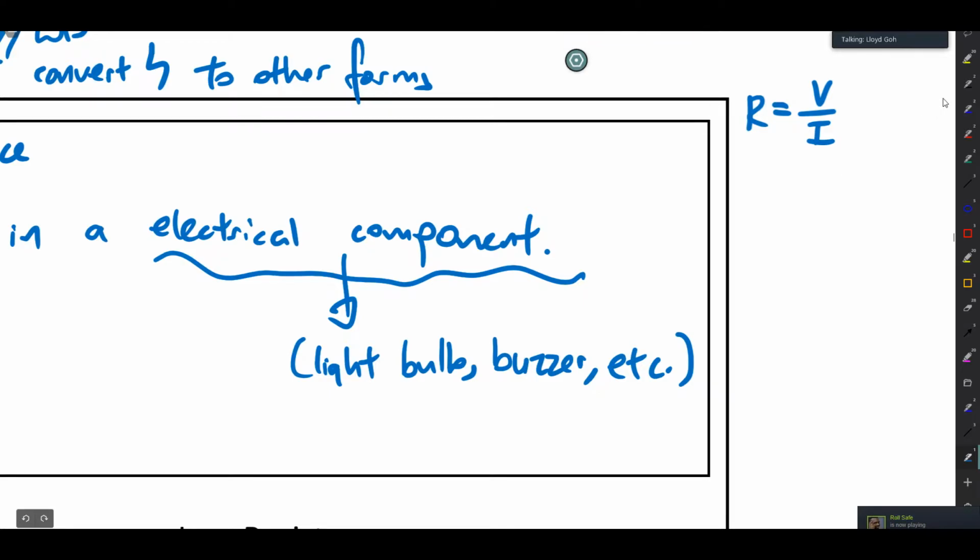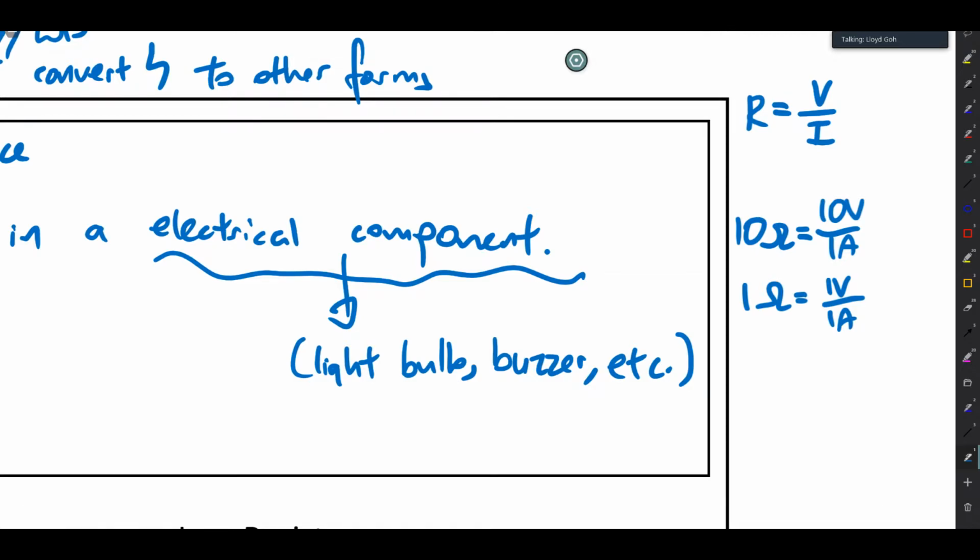Now based on this formula, let's say my resistance is changing. So I have two resistances. One is a 10 ohm resistor, with a 10 volt battery, which will produce a 1 ampere current. And for a 1 ohm resistor, for 1 ampere current I actually only need 1 volt.